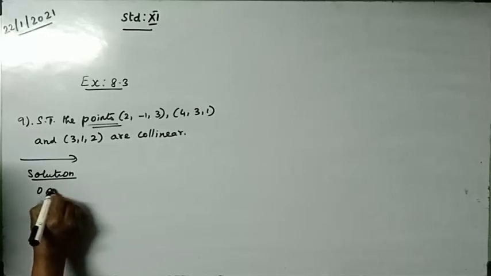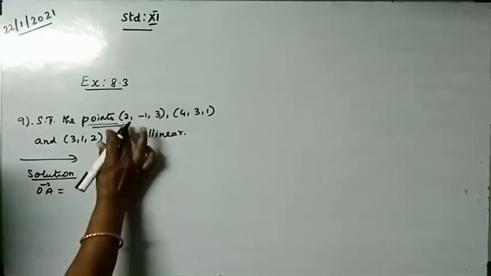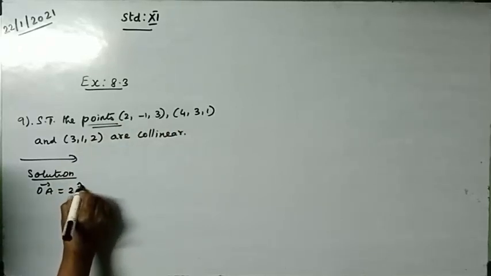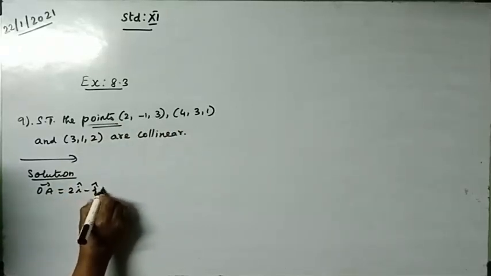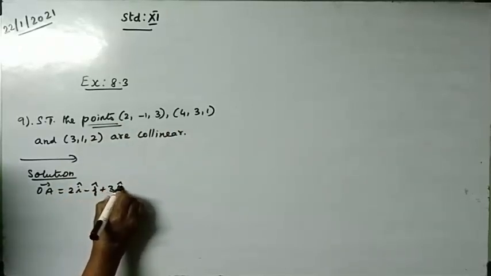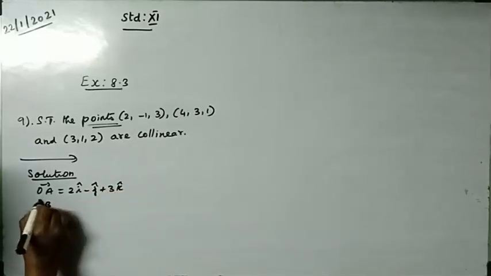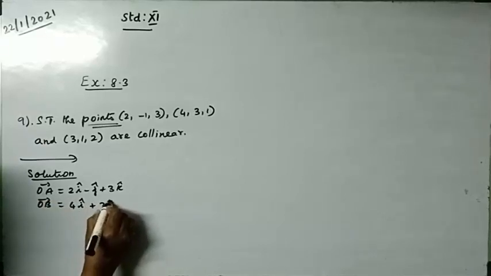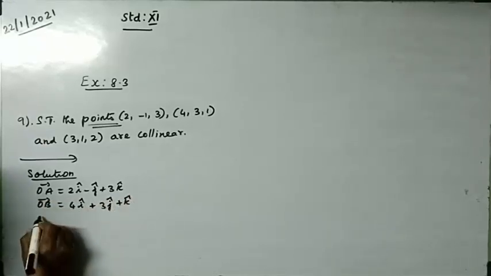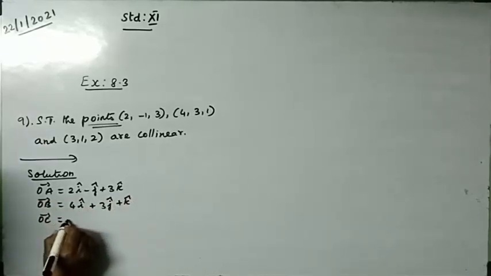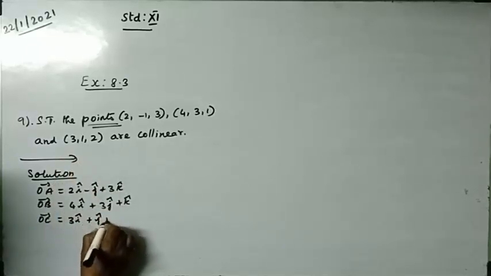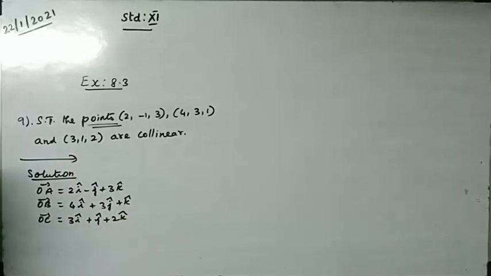Therefore OA vector is equal to 2i cap minus j cap plus 3k cap, and OB vector is equal to 4i cap plus 3j cap plus k cap, and OC vector is equal to 3i cap plus j cap plus 2k cap.